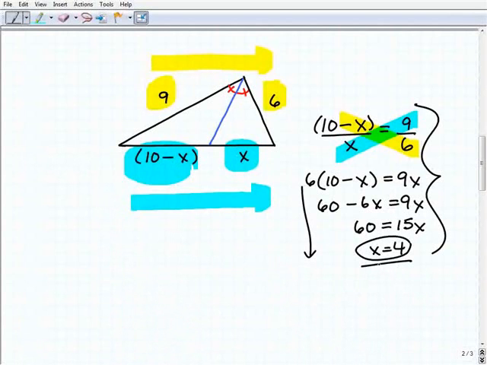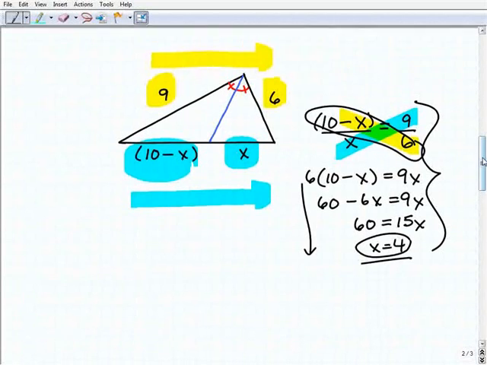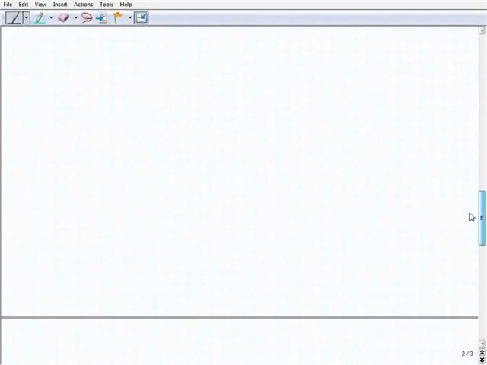Of course, if it isn't, you've got to go back and review ratios and proportions and whatever particular part of the equation solving you messed up. A common problem here is the distributive property, but nevertheless, the key thing in this problem is the setup, forming these proportions using the angle bisector theorem. So let's take a look at our last problem here.